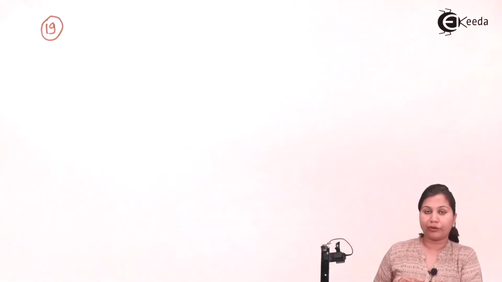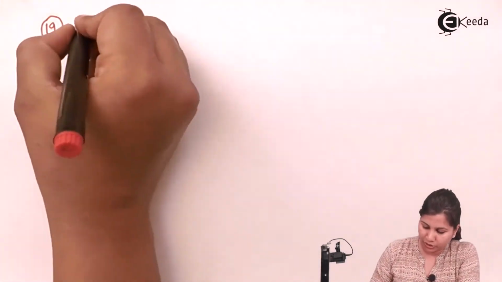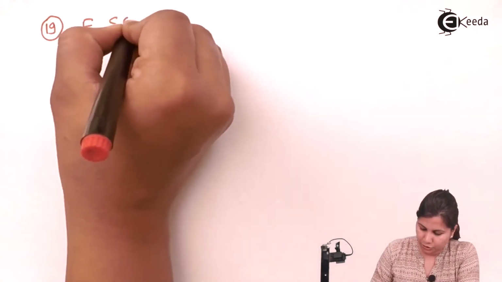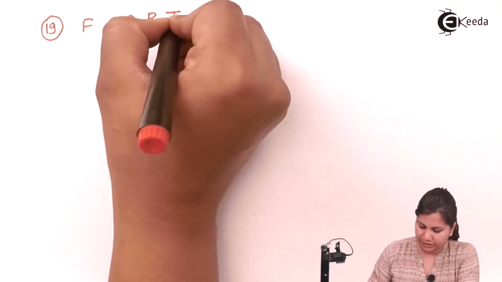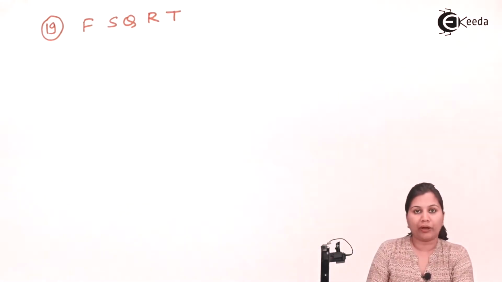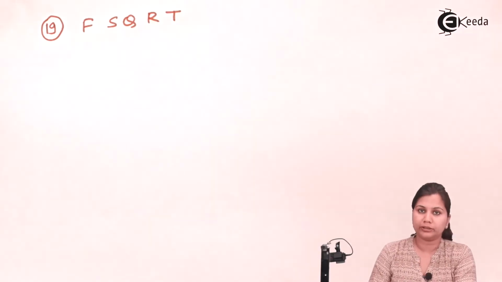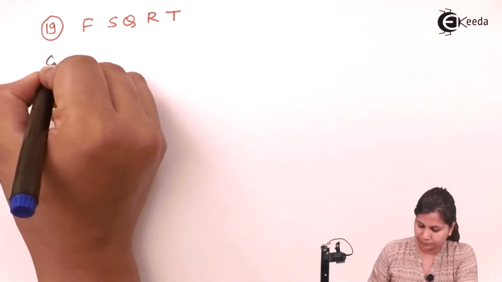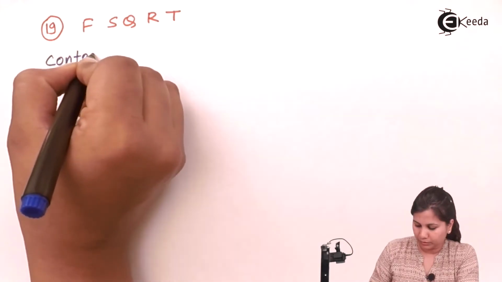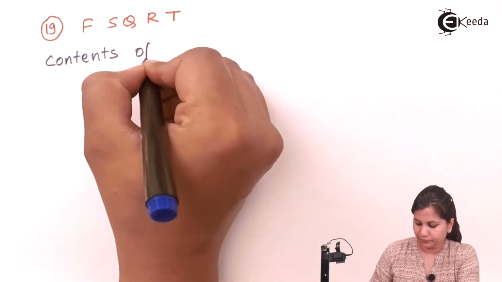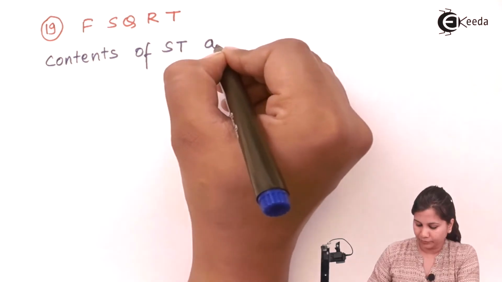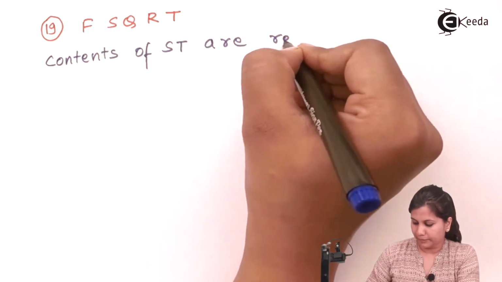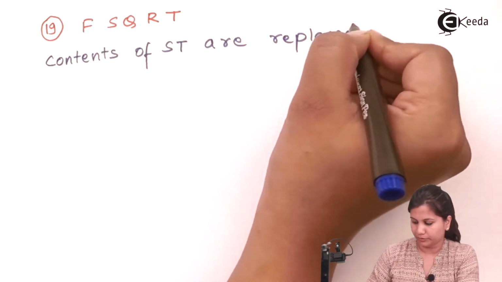If we want to find the square root of a number, the next instruction is FSQRT. This instruction finds the square root of a number. What this instruction does is that the contents of ST are replaced by its square root.